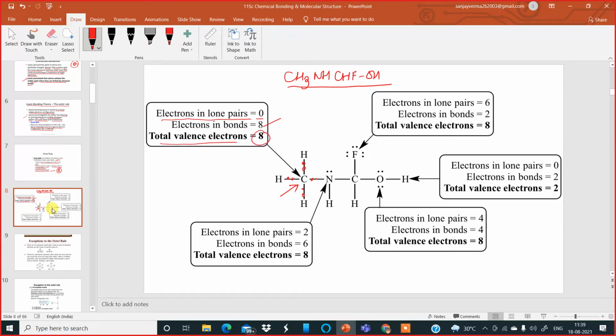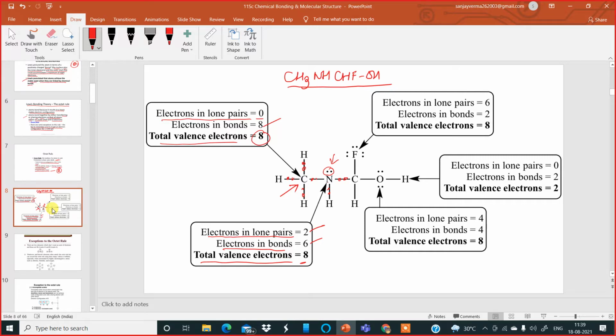Then focus your eyes on this nitrogen now. This nitrogen has a lone pair on it, so electrons in lone pair is 2. And electrons in bonds: 2 over here, 2 over here and 2 over here, that is 6. So total valence electrons is 8 for this nitrogen.